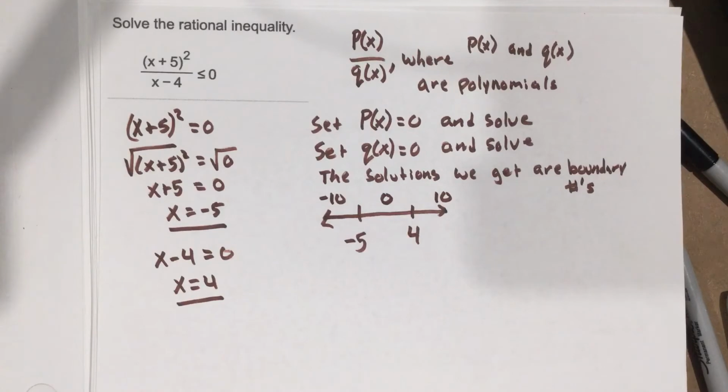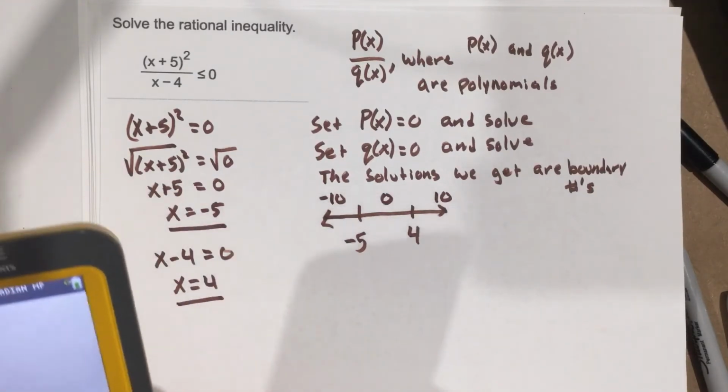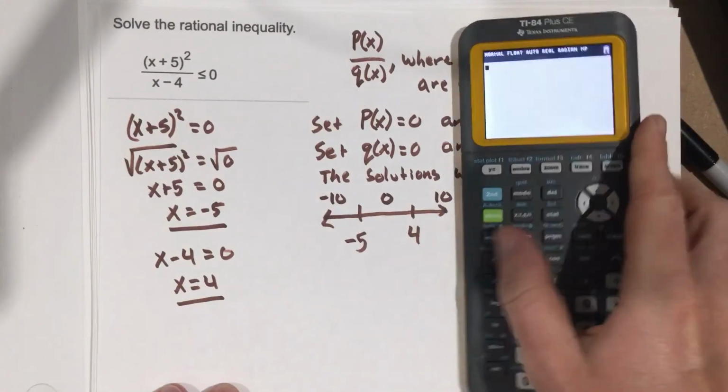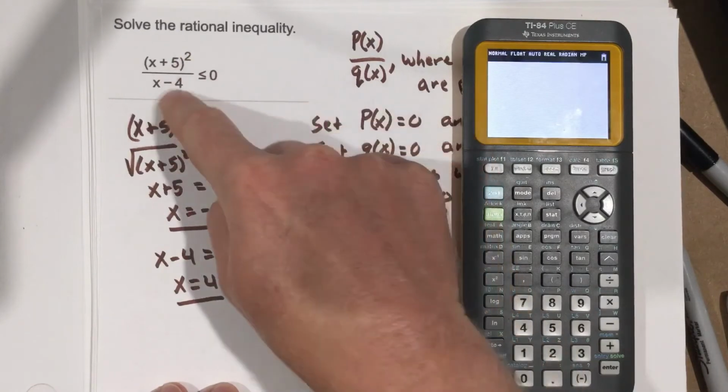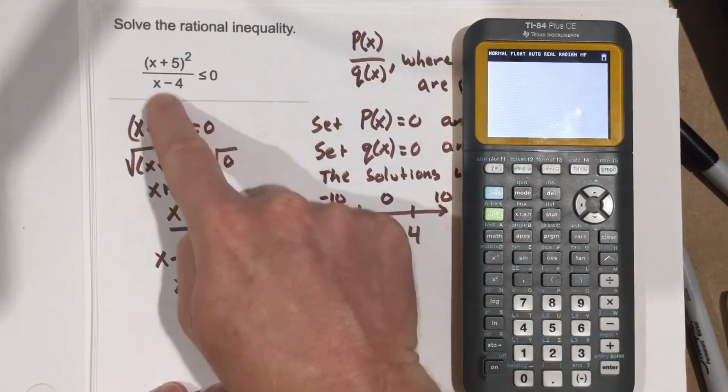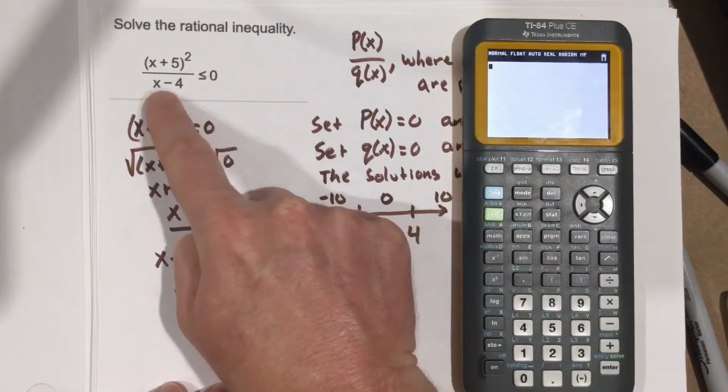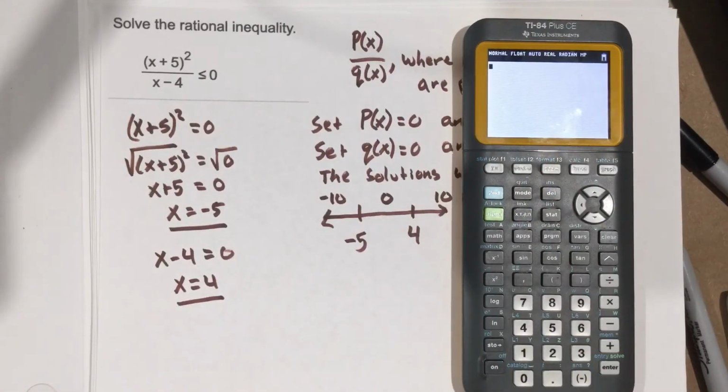And that's going to help us find our solution set. So it's fairly similar to just a normal polynomial inequality, except we got to set the numerator equal to 0 and the denominator equal to 0 because we don't want to multiply by x minus 4 to the other side, which is kind of the way that you would solve a normal equation.